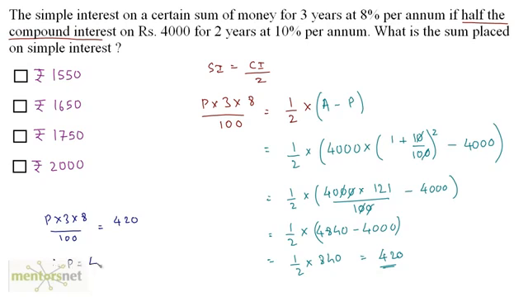Therefore P is equal to 420 times 100 divided by 3 times 8, which is 24. So 420 divided by 2 is 210. 8 by 2 is 4, and 4 times 25 is 100, and 3 times 70 is 210. So this is equal to 70 times 25, and that is equal to 1750. So this is the answer, option C.